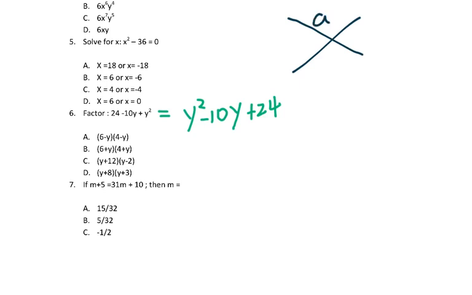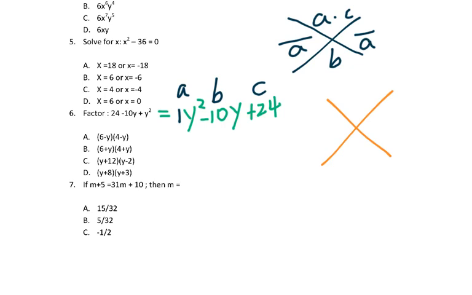That is a times c on top, b over a over a on the bottom. That's how you set it up. So a here is 1, b here is negative 10, c is 24. So you will get a times c is 24, and negative 10 over 1 over 1.